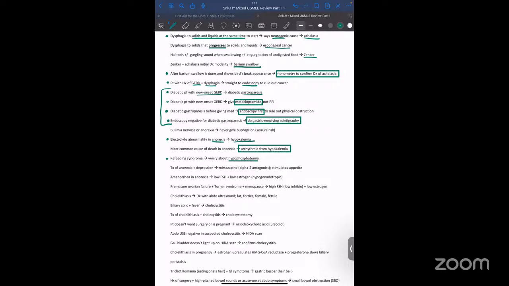Next is amenorrhea in anorexia. Low FSH plus low estrogen, hypogonadotropic hypogonadism. So they have low FSH and low estrogen. Next, premature ovarian failure plus Turner syndrome plus menopause: high FSH, low inhibin, low estrogen.